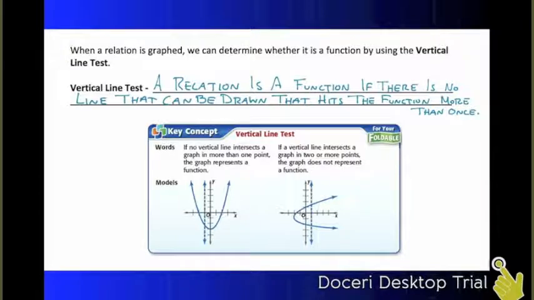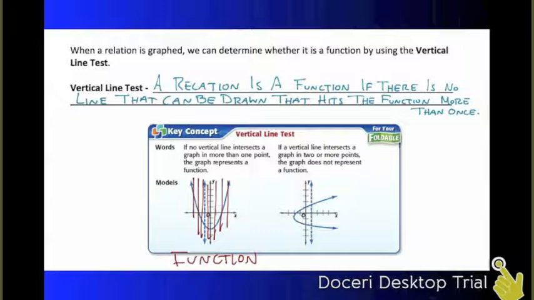So, looking down here, the vertical line test. If no vertical line intersects a graph in more than one point, then the graph is a function. So if you take and draw lines all up and down through this, you'll notice that these red lines don't hit more than one time. So this would be considered a function.